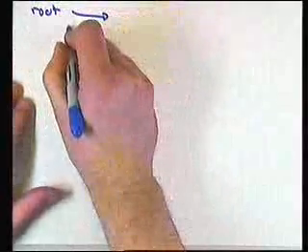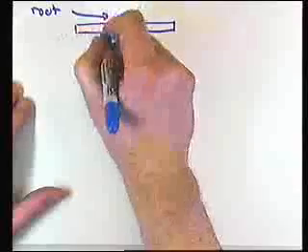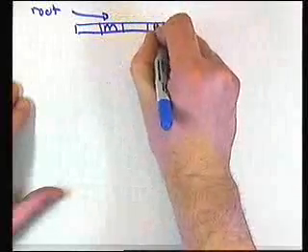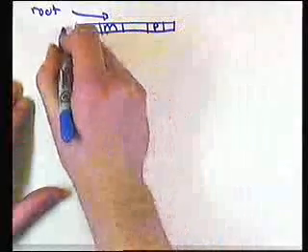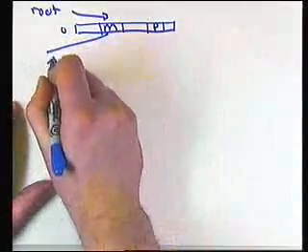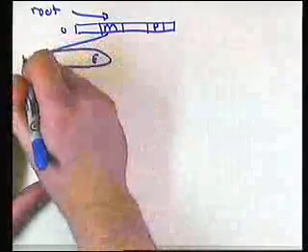So here's our root pointer. And let's say here we have M and P on level 0. And then we have here A and E on level 1.